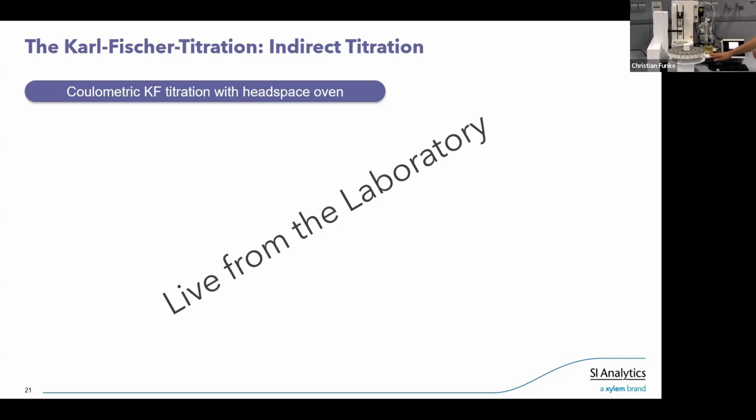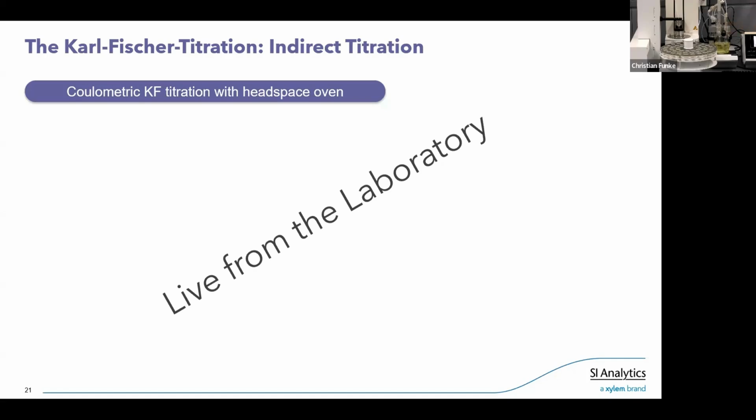We have here again a magnetic stirrer. Looks quite the same as the one for the volumetric system, but in this case we have also a pump, but not only a pump, also a valve. And we have here the option to use either dried air from the ambient, so the pump sucks in the ambient air, dries it via this molecular sieve here at the back.